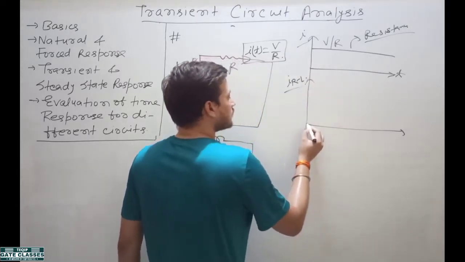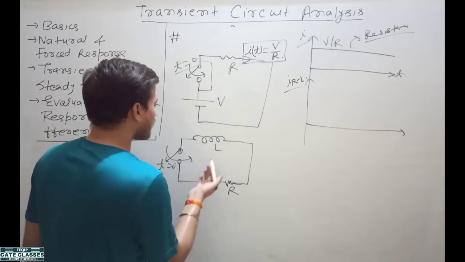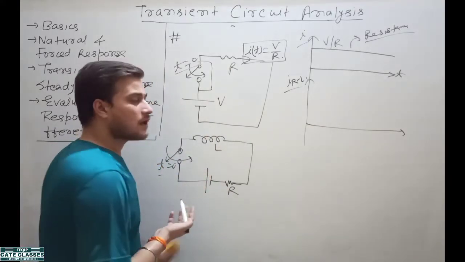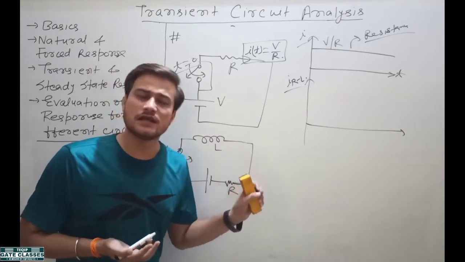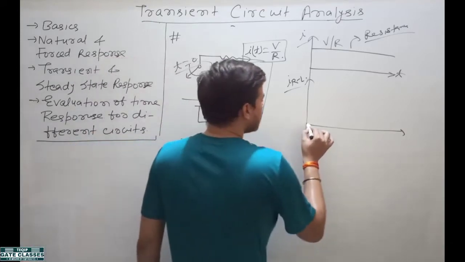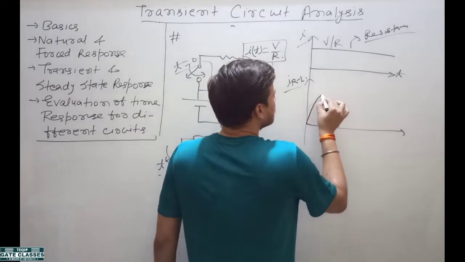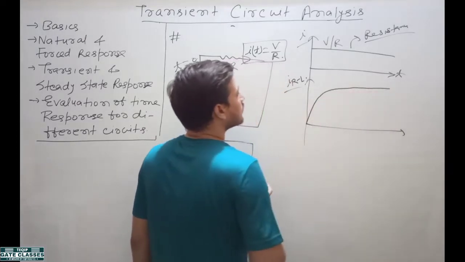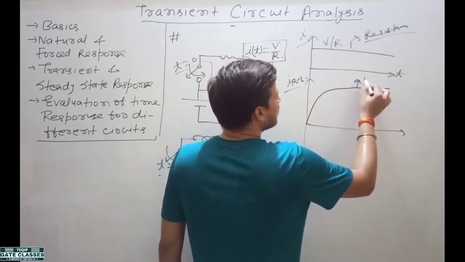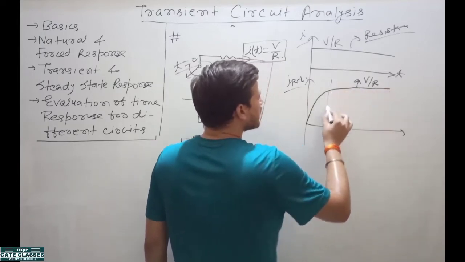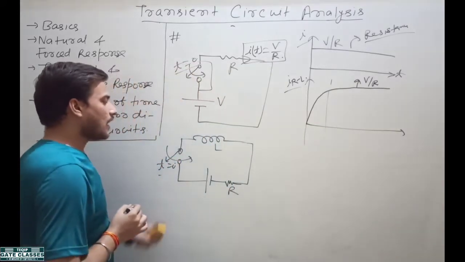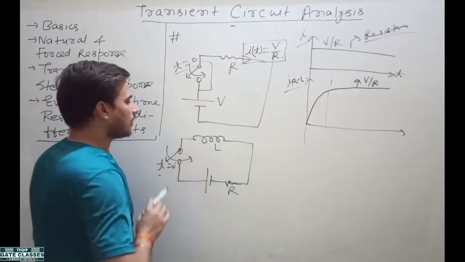You will see that the moment switch is turned on, the current will still be 0 because inductor does not allow sudden change in current. So now what happens? It will take some time to rise the current to new value. Clear? So now here the value will be V by R. So it is taking some time to reach up to the value V by R in the case of inductor.